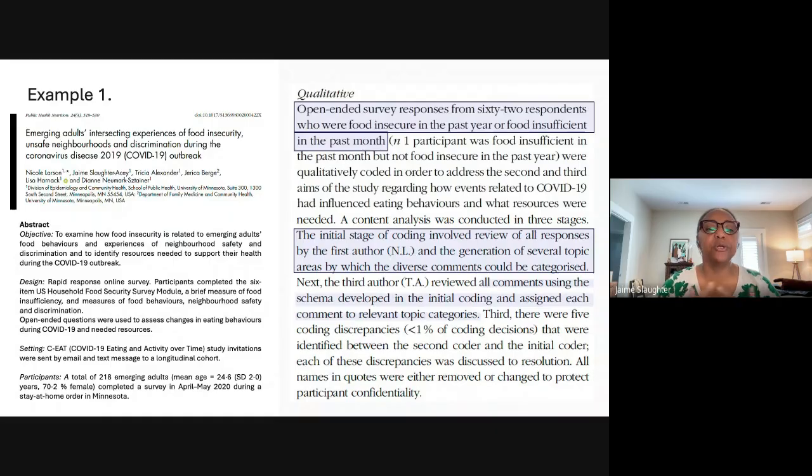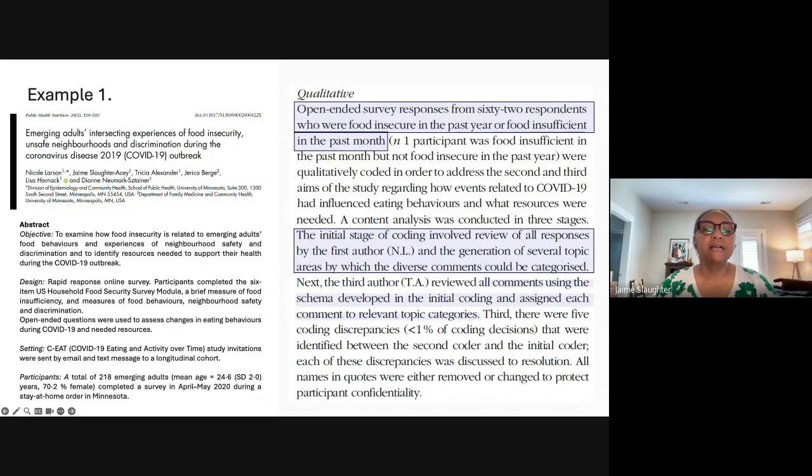Then once she familiarized herself with the responses, then and only then did we generate topic areas based off of the comments that were there.